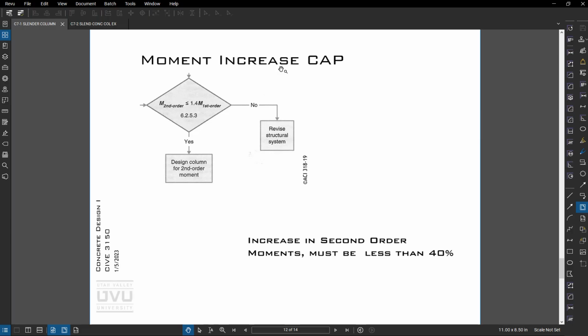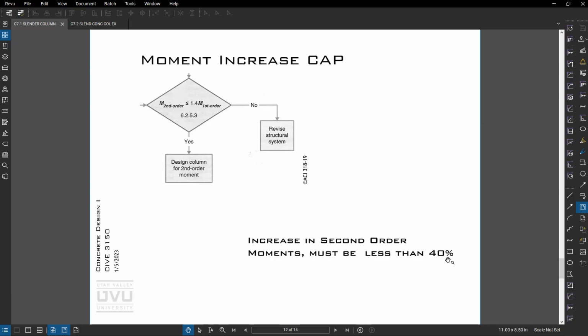All right, one of the key things to remember is that from our first order analysis, the very first run, to the final analysis, our moments can't increase more than 40%. If they do, the code caps this and says that's getting too close to a stability problem. We're not going to let you go there.